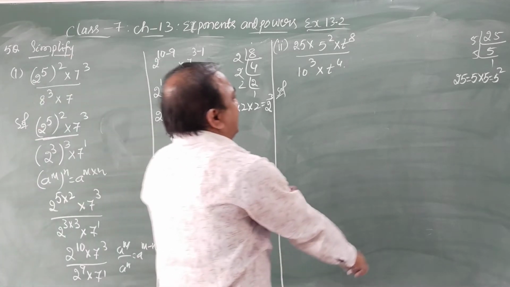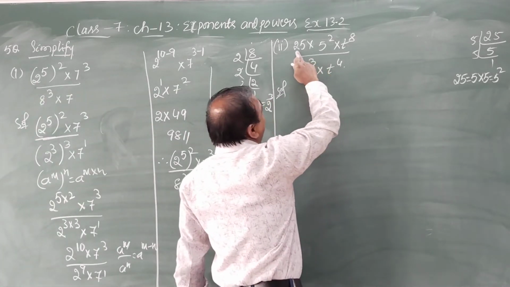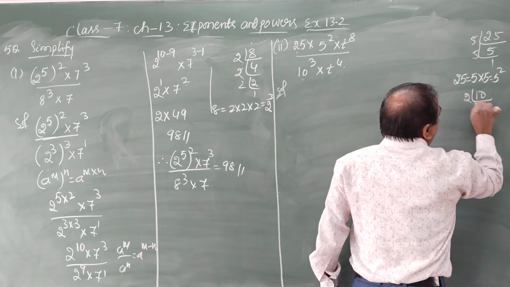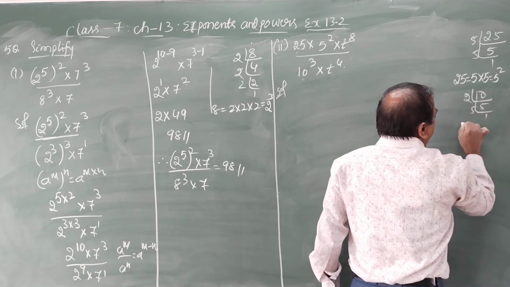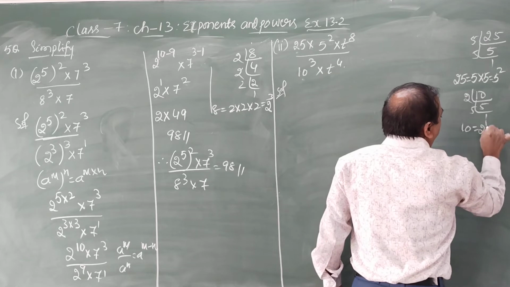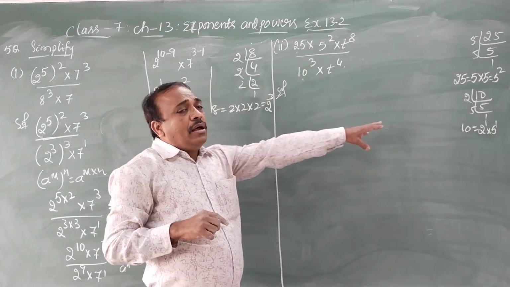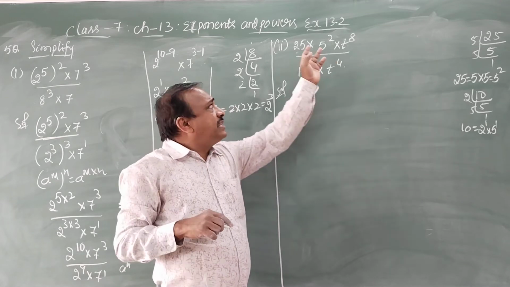Similarly, 10 we can write as 2 into 5. So 10 is equal to 2 to the power 1 into 5 to the power 1. Let us substitute those in this place.